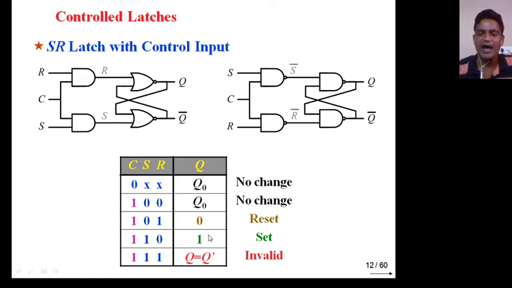For this I am verifying any one value. Suppose I am using 1 0 1 in both cases. If its value is 1, this is 0, this is 1. 1 into 1, you know, it will be 1. 1 into 0, it will be 0.